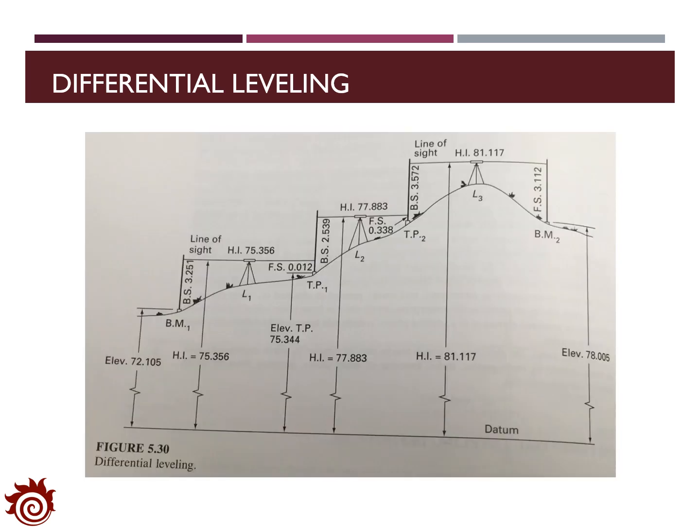We will introduce more details about these terms in the next few pages. This figure shows how the differential leveling is applied to determine the elevation at certain points on the Earth. In this figure, we will first start from the benchmark 1, which is the point with the known elevation. In this example, it's 72.105 feet.